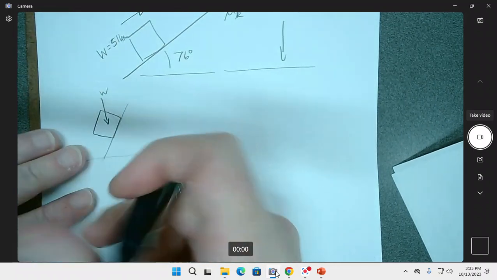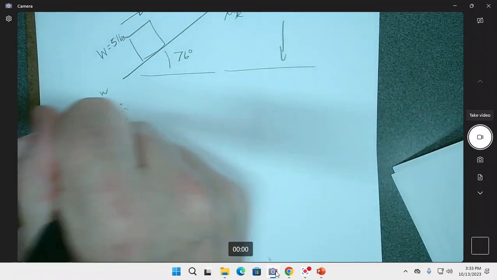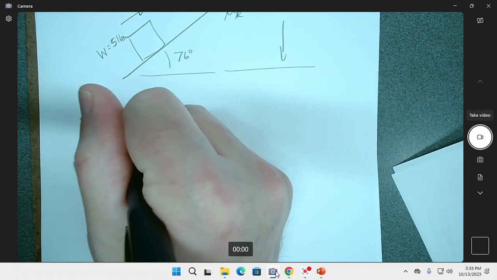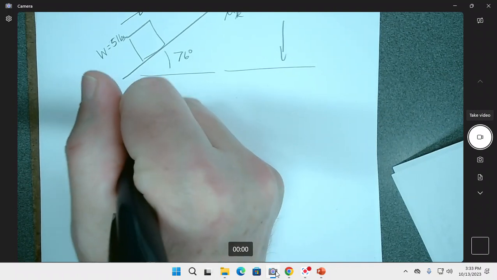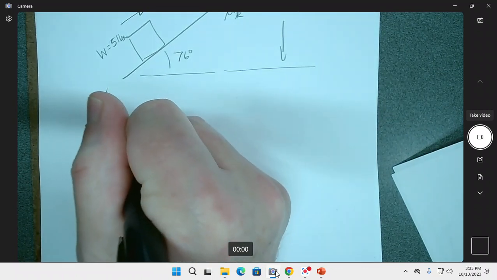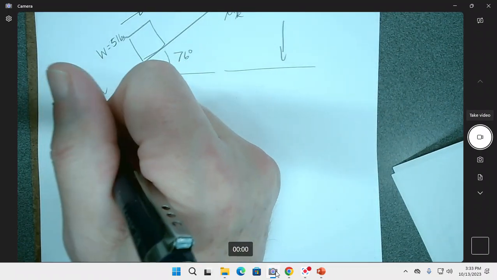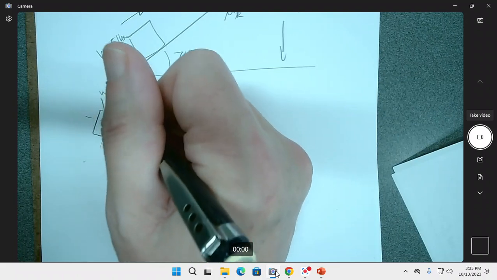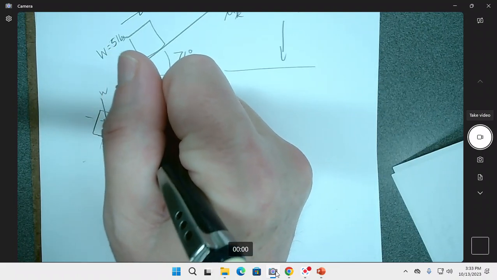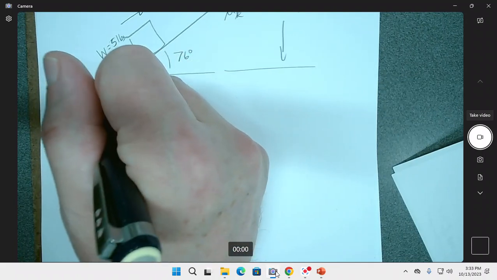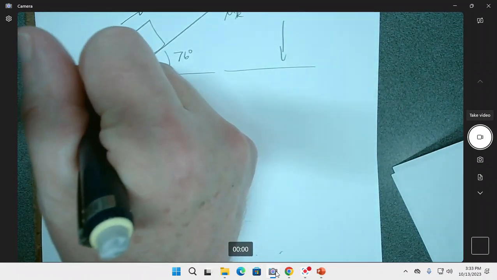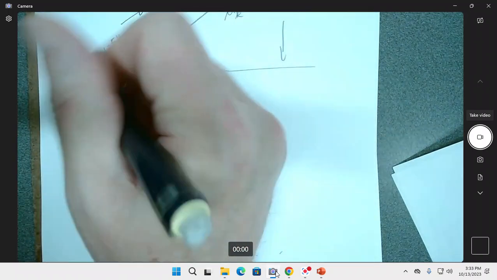We have a weight. Remember, the ground isn't there, I was just using that for reference. We're going to have a normal force and a friction force right there. And right here's our angle. So the sum of the forces, and obviously it will be a little bit pedantic.